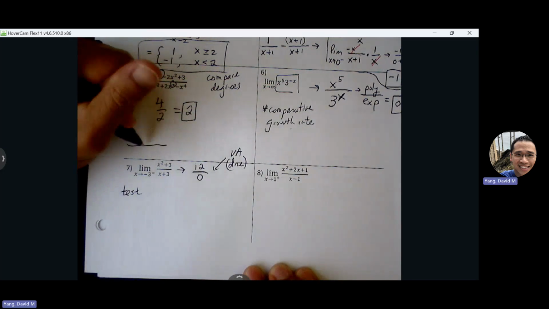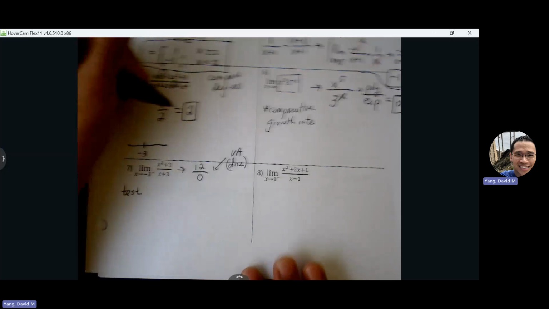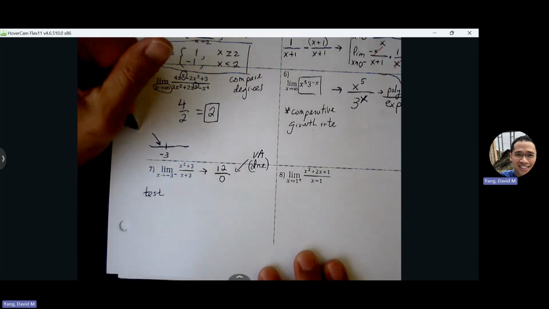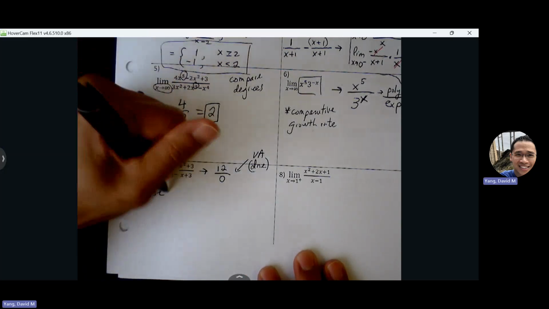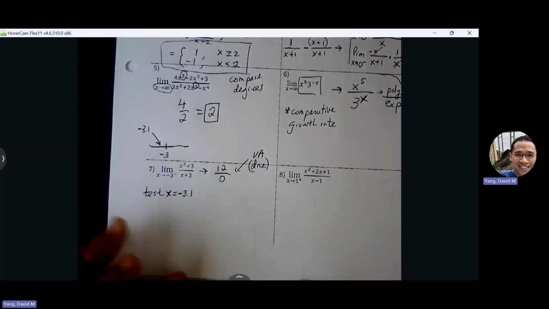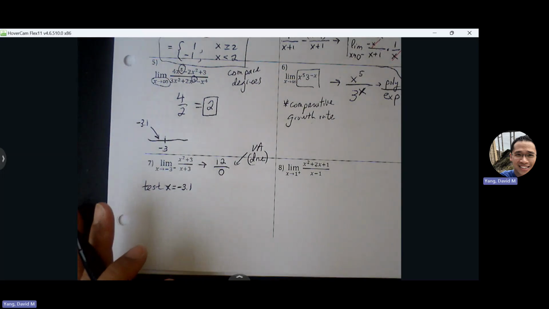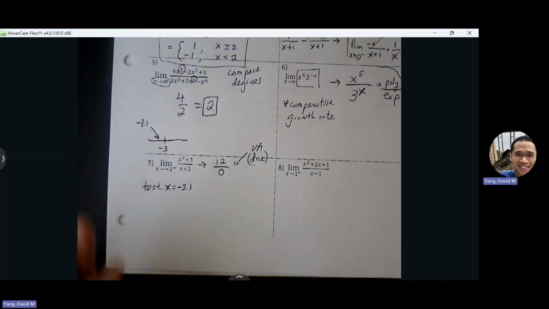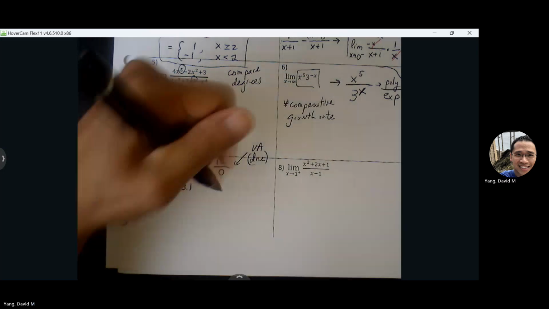Right? Careful, we're on the negative side here. So what's to the left of -3? -3.1. Yeah. And you're just using your numerator and denominator to decide between two options. It's either going to be plus infinity or it's going to be negative infinity.